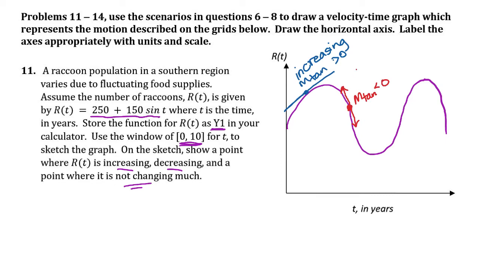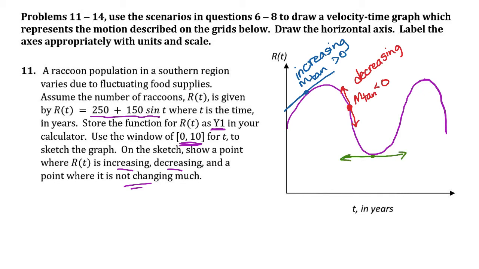So when the function is decreasing, the slope of that tangent line is going to be negative. And then notice where it says not changing much. So that's going to be somewhere, I need to change colors, sorry. If we look in the area, let's say we've got a tangent here.